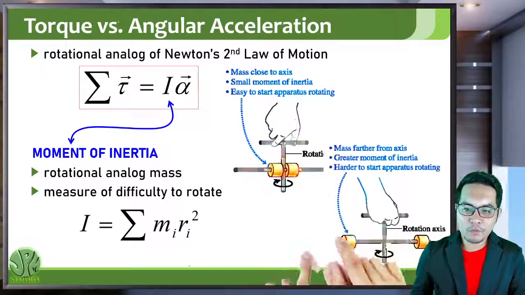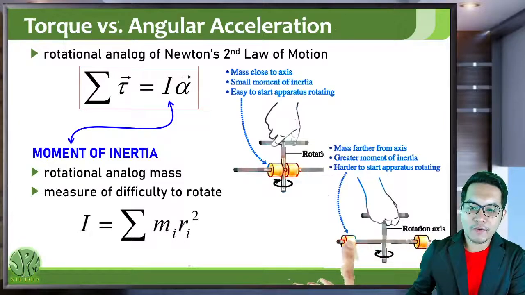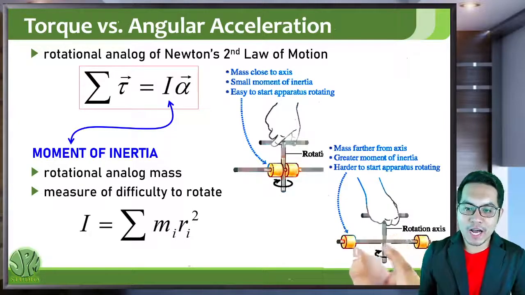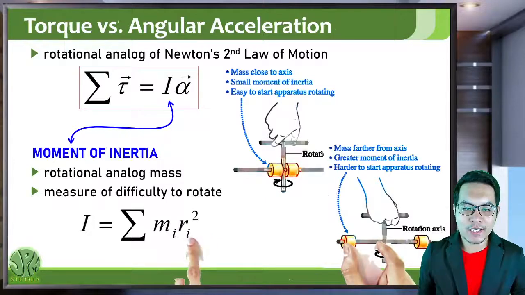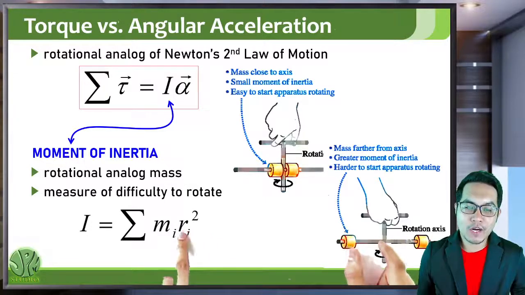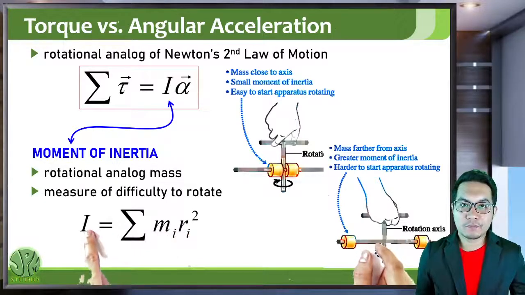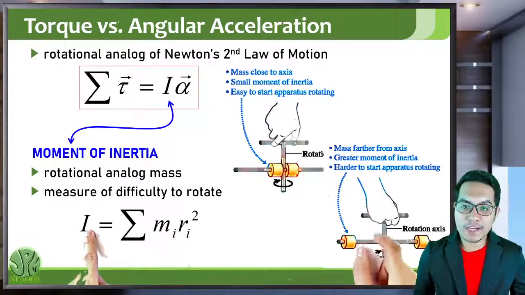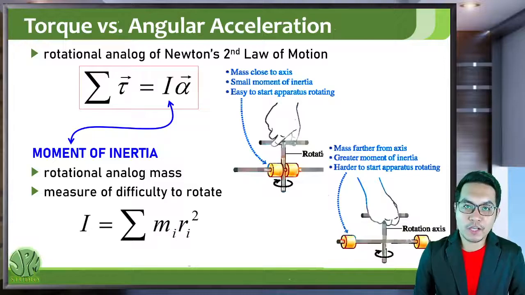Now, if you move the masses farther from the rotation axis, the radial distance is now large. A large radial distance means a large moment of inertia. In that case, a greater moment of inertia means it's hard to rotate that apparatus.